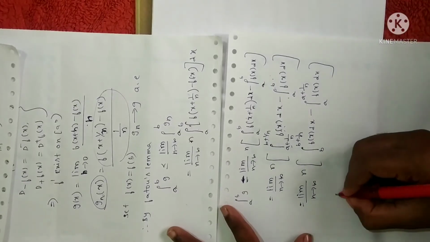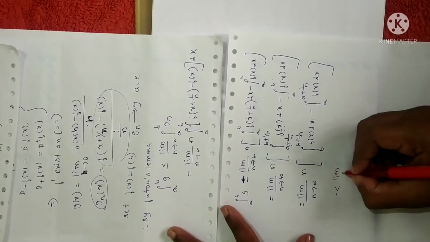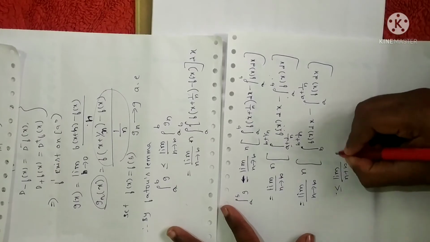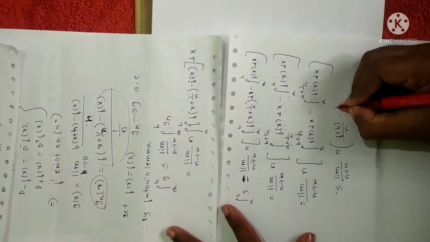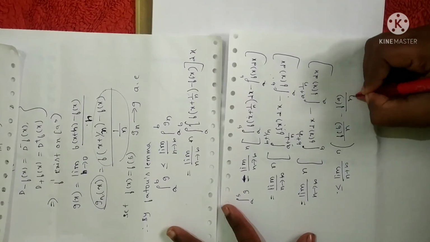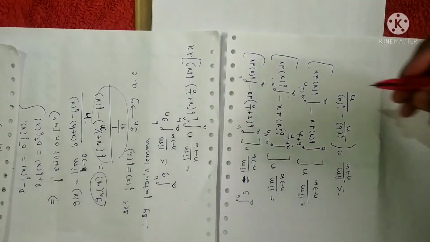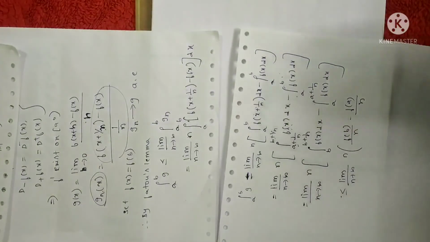Now again I can write this as less than or equal to the limit infimum as n tends to infinity of n times, and after simplification you will get f(b) by n minus f(a) by n. You just substitute the limits, and if you simplify this you will get this.